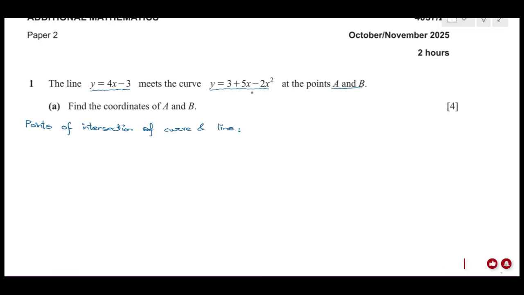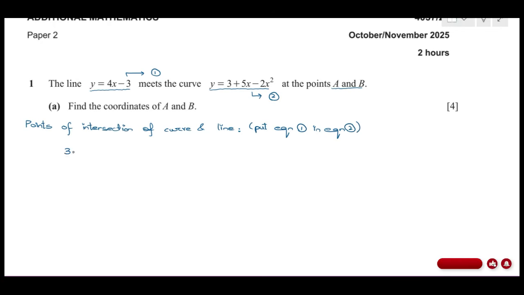So this is my second equation and that is my first equation. Now we have to substitute. This is y equals to something, y equals to something. So here we can say put equation 1 in equation 2, or we can say put equation 2 in equation 1. Both are the same.